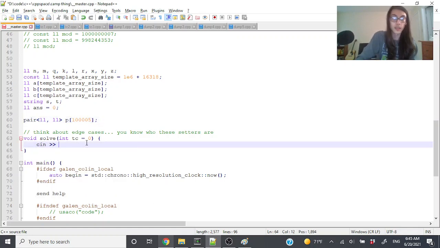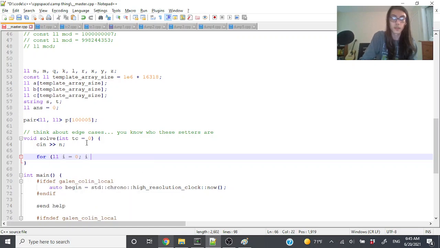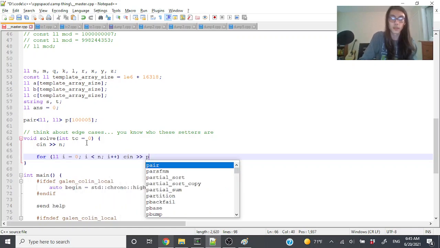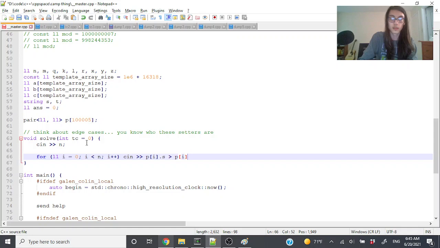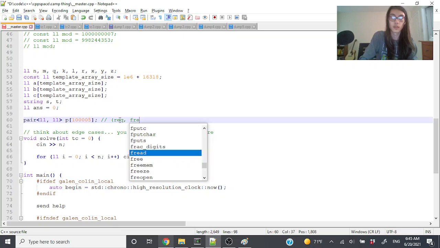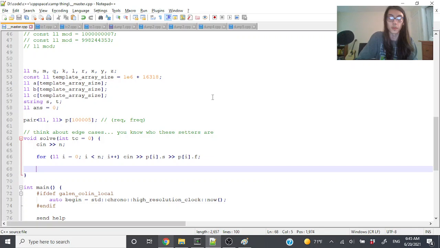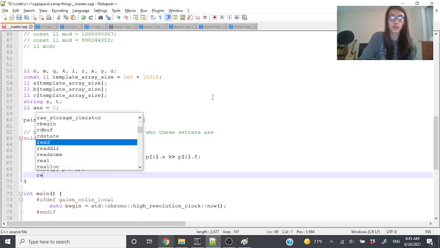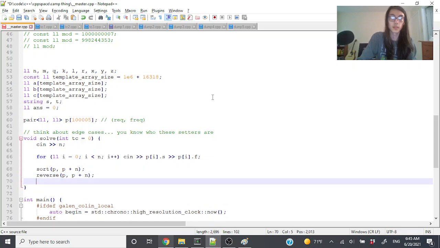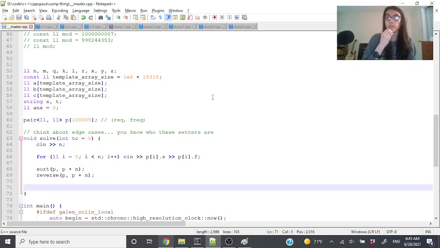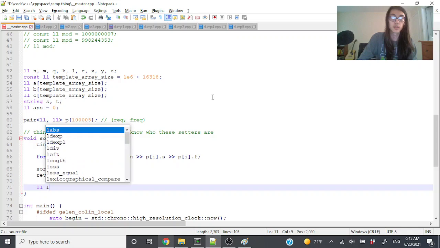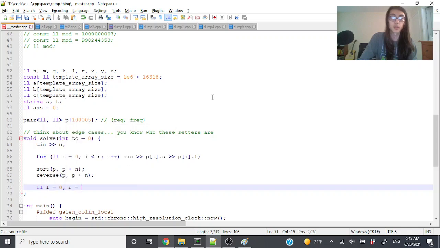So Cn to n for, so I'm sorting by the requirement. Sort p plus n, reverse p plus n. L equals 0, R equals n minus 1, cur is equal to 0.